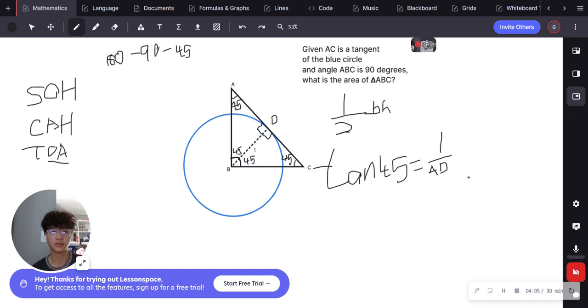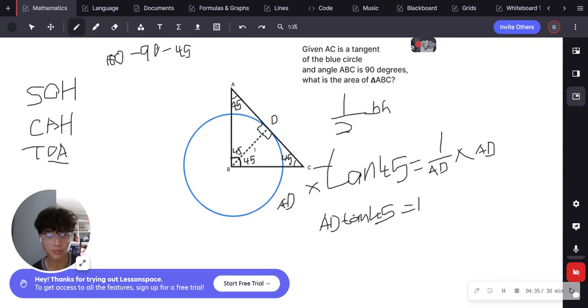Now we try to get AD on its own, so we multiply both sides by AD, and we get AD tan 45 equals 1.